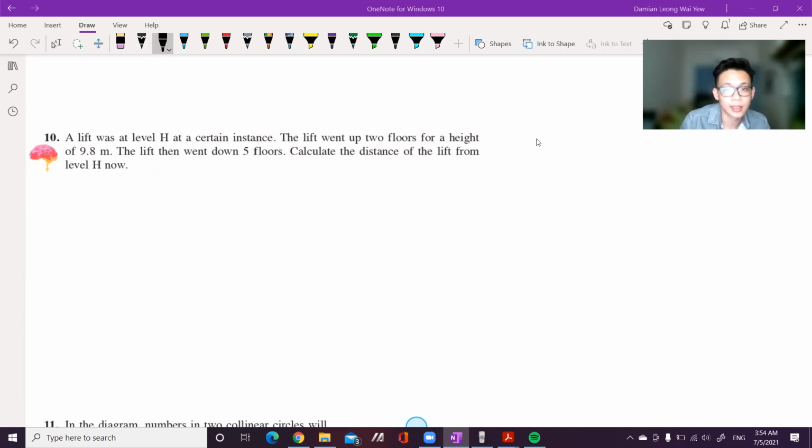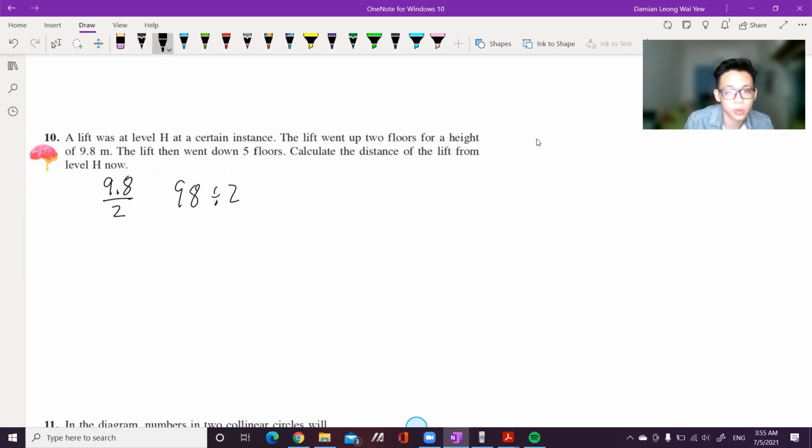Then the leaf went down 5 floors, but they don't say the distance. So we have to count how many meters one floor is. 2 floors is 9.8 meters, so one floor will be 9.8 divided by 2 floors. To divide, I can always put over. You can write like this as well.